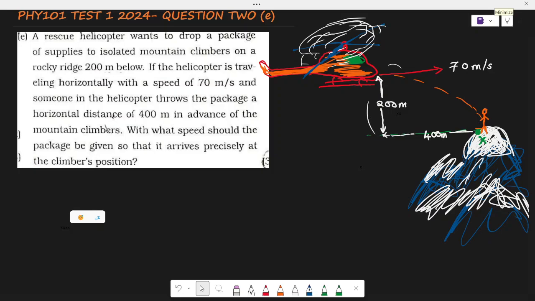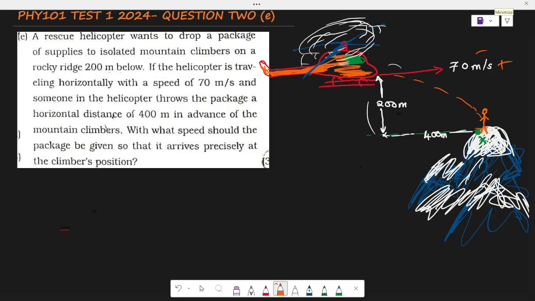Okay, so now here's the interesting part about this question. When this guy in the helicopter throws the packages, we don't know whether he will add to the speed at which the helicopter is moving, or subtract from it.